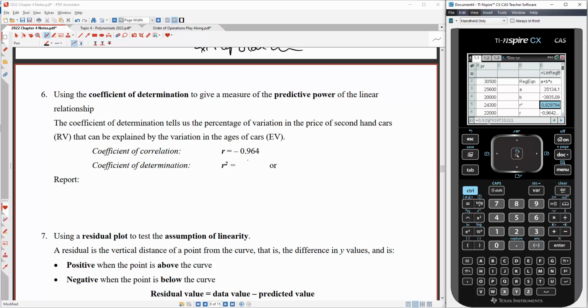So we're going to write that down. It is 0.929794... Okay, and what we'll do is write the report using this number.